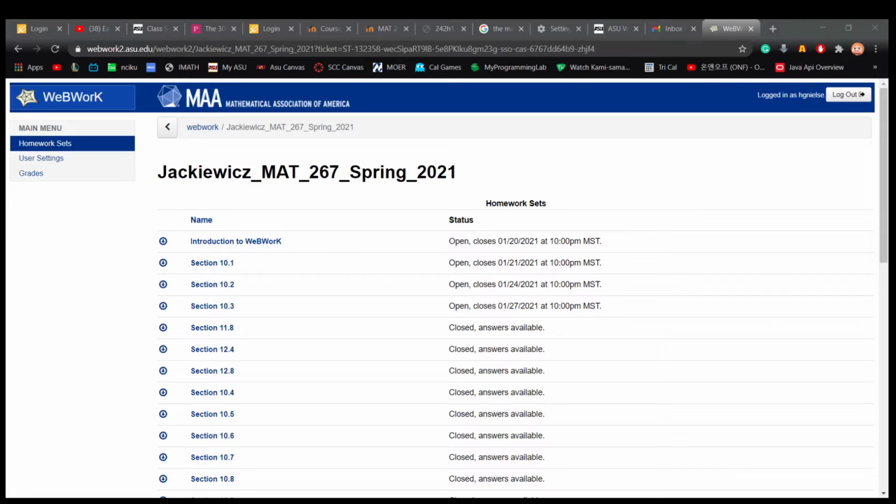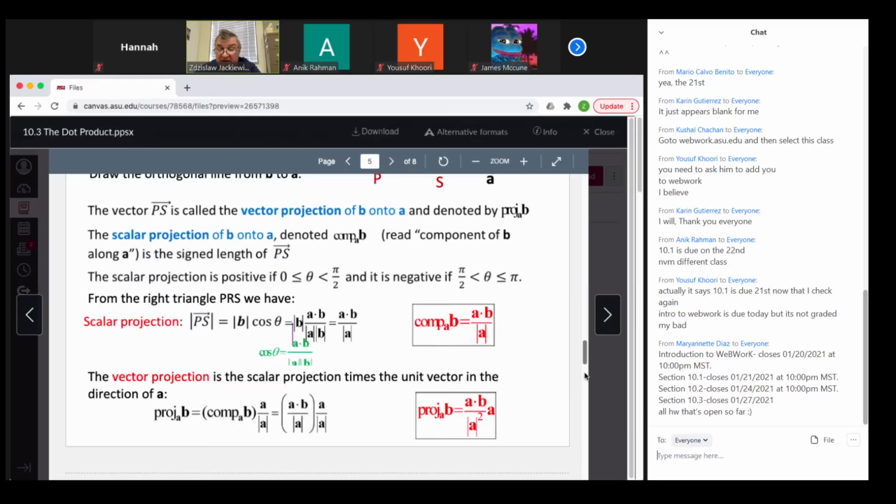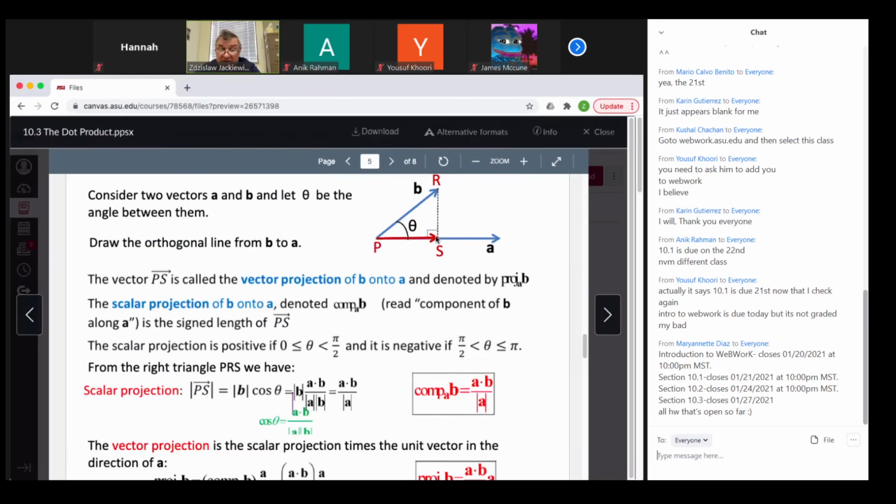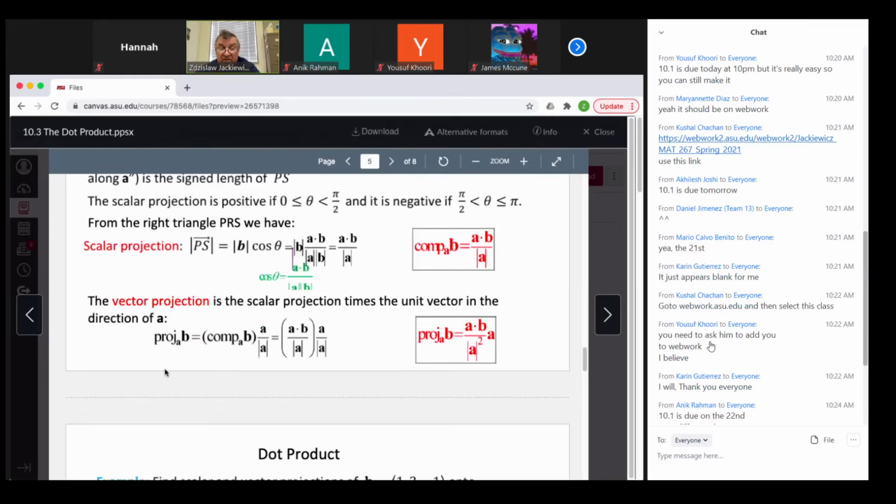Now let's get the formula for the vector projection as well. So this vector here. Well, to get this vector, you get the magnitude of this vector, or signed magnitude, and you multiply this by the unit vector. The unit vector is A divided by the magnitude of A. So this vector projection is the component times this unit vector A over its magnitude.